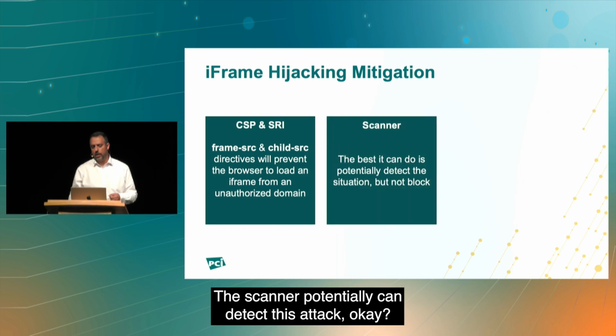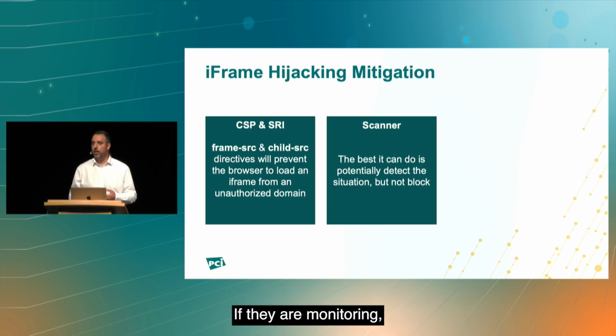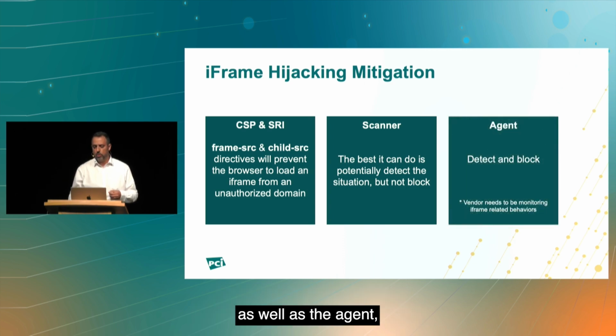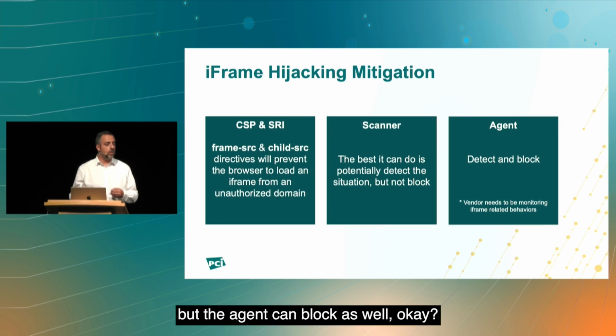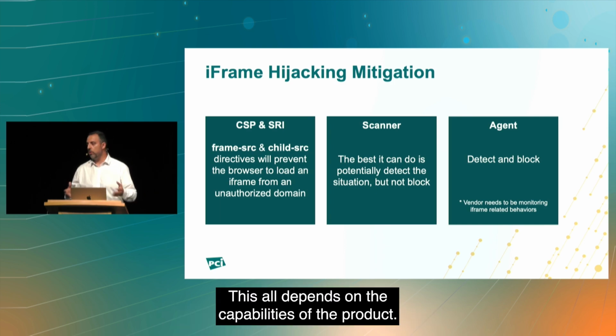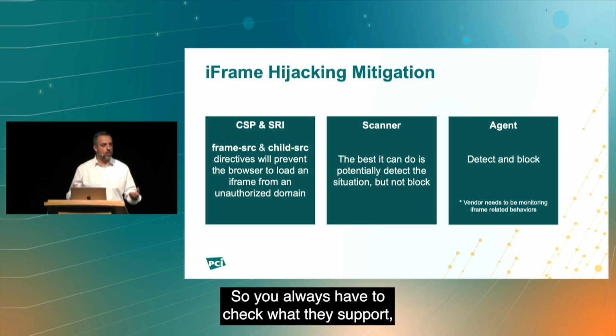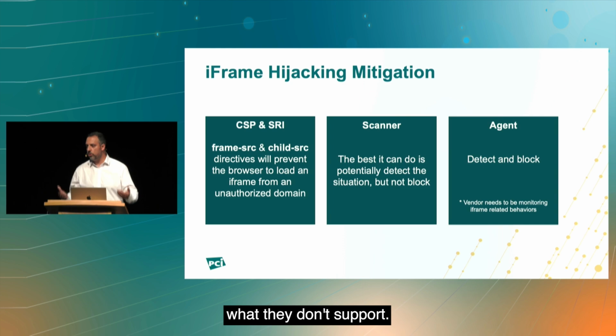The scanner potentially can detect this attack, okay, if they are also monitoring things related with iFrame creation and iFrame setAttribute, as well as the agent. But the agent can block as well. Okay? This all depends on the capabilities of the product. So I'm speaking generically. Okay? So you always have to check what they support, what they don't support.